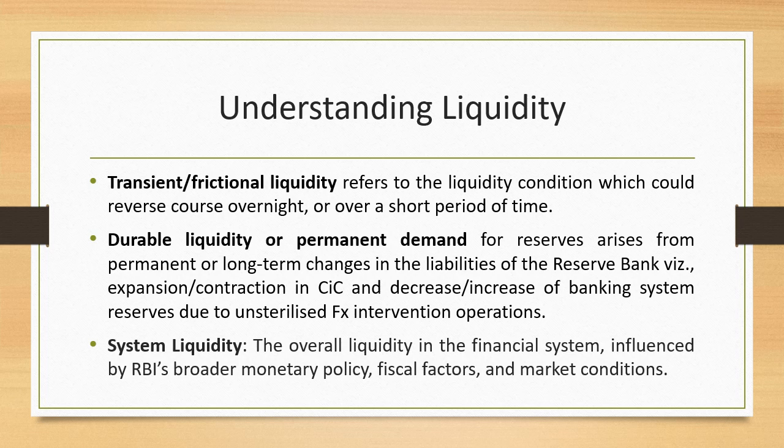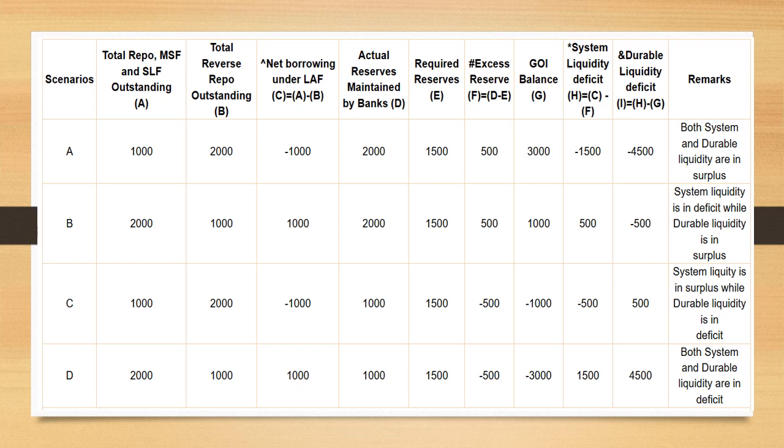So let us understand durable and system liquidity with an example, because transient liquidity is just a very short-term problem. In this example we can see that RBI provides short-term liquidity to banks and primary dealers through repo, which can be daily or need based, MSF, which is the marginal standing facility, available to banks so that they can borrow from RBI at a higher rate than repo on a daily basis, subject to some limitations, and SLF, the facility available for standalone primary dealers.